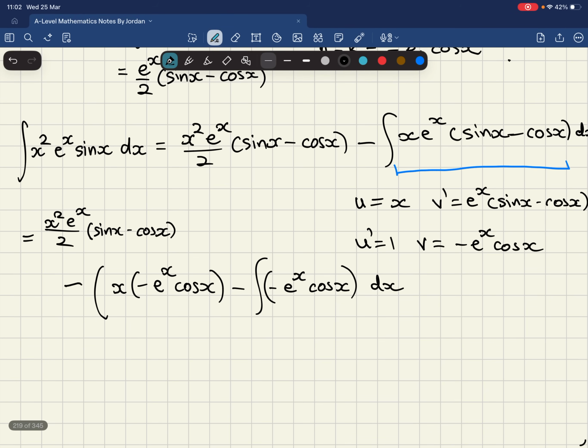Okay, and if we just simplify what we have here, I'm still going to write everything. So nothing to be done to that front bit. But here we've got two minus signs acting on that, so that bit's going to go to positive. x e to the x cos x.